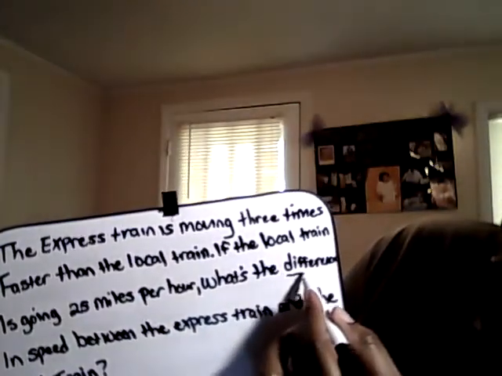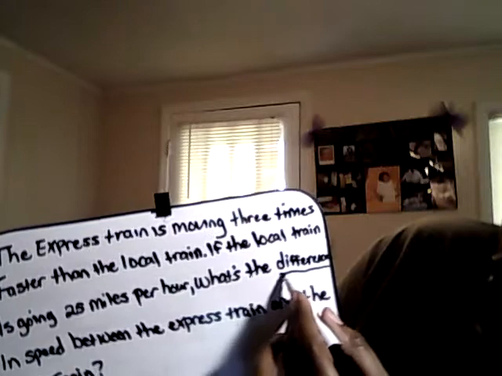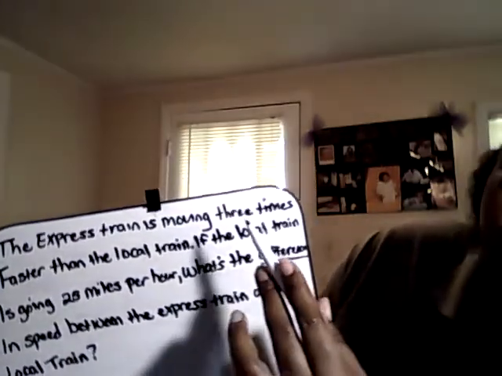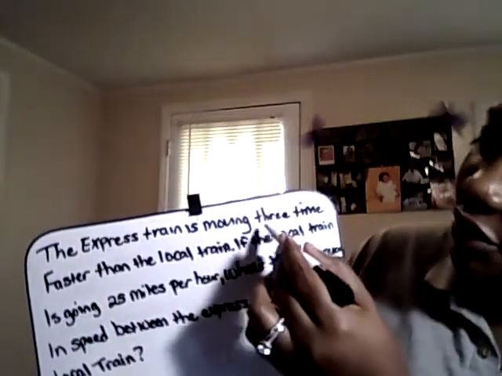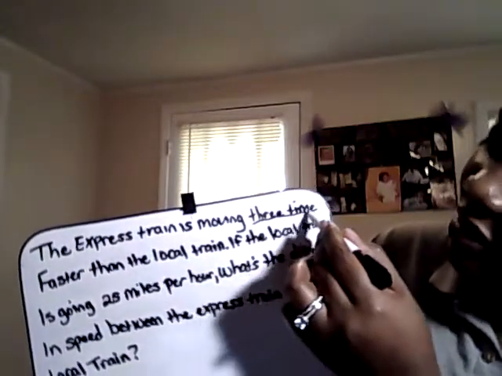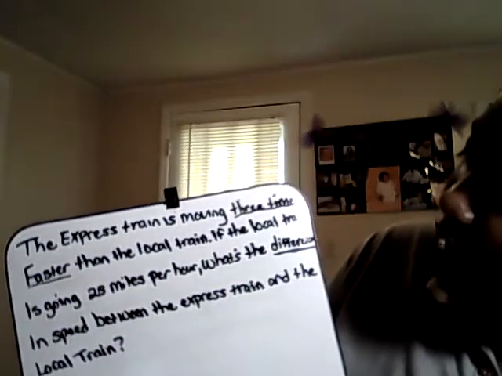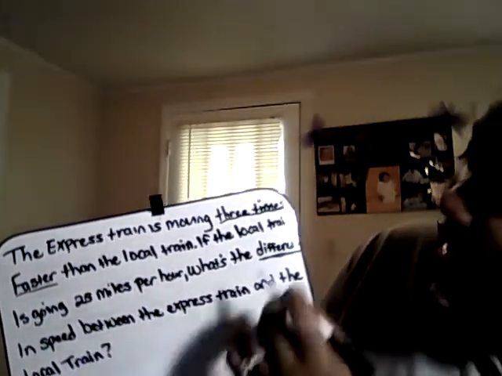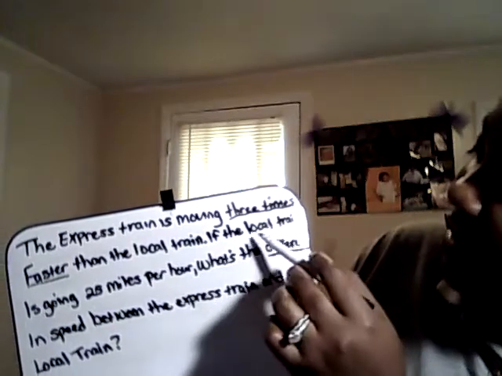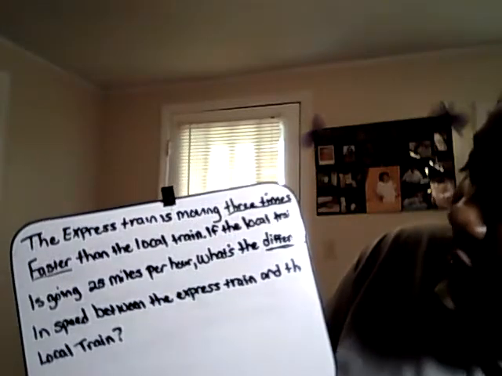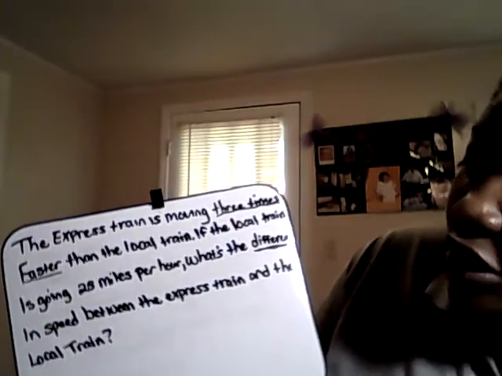So that means whatever the answer is, we're going to be subtracting something. It says moving 3 times faster than the local train. And the information it does give us is the local train is going 25 miles per hour.